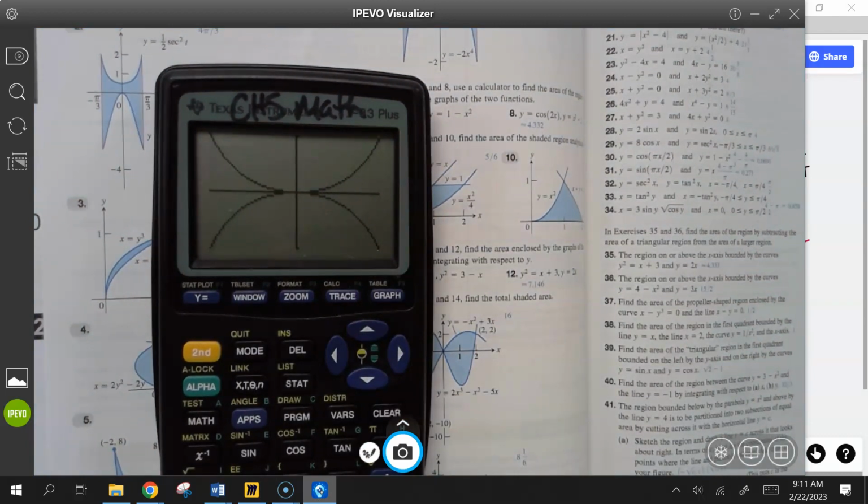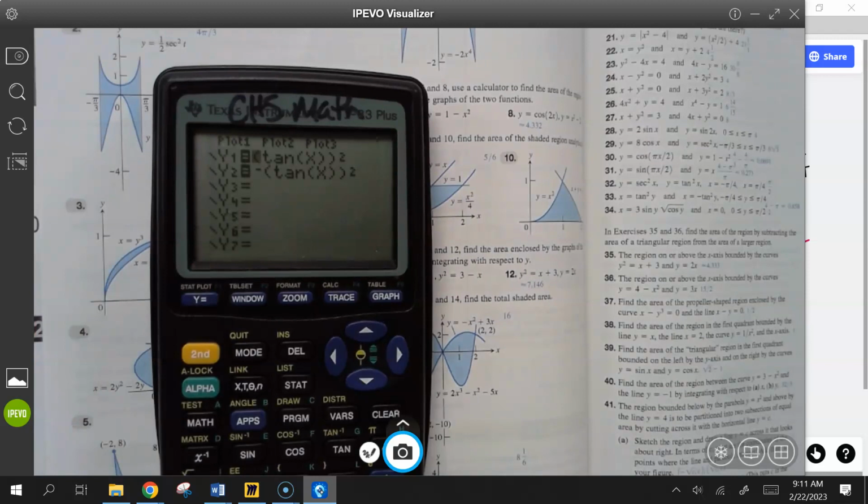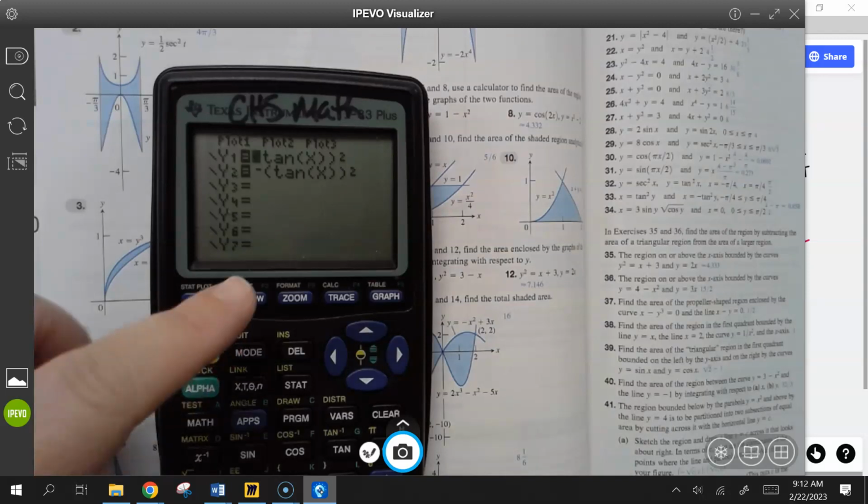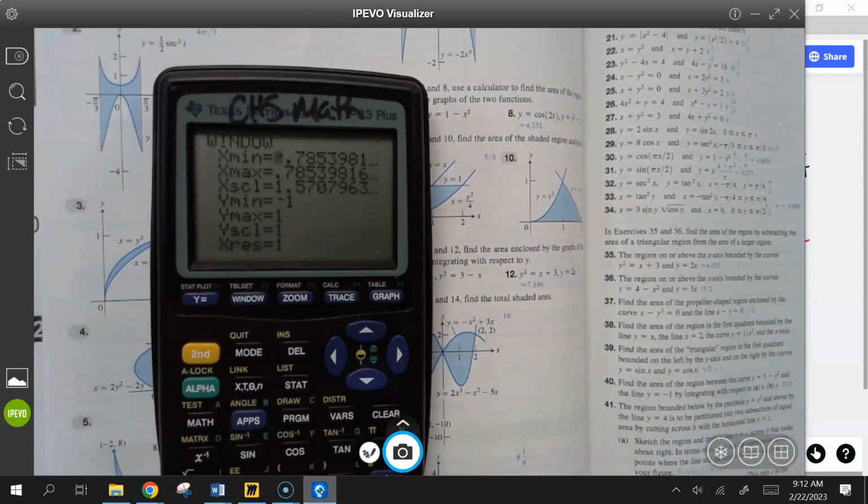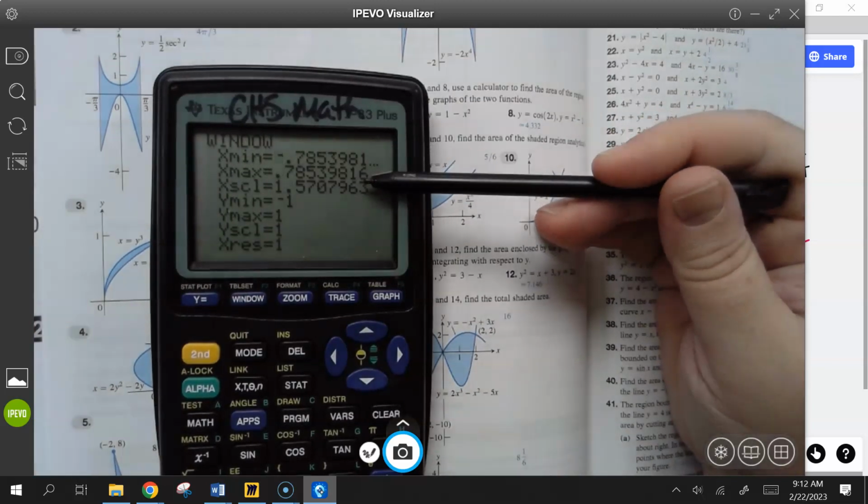What it looks like, so I got tan squared, negative tan squared. And then I set my window. This is negative pi over 4, pi over 4.